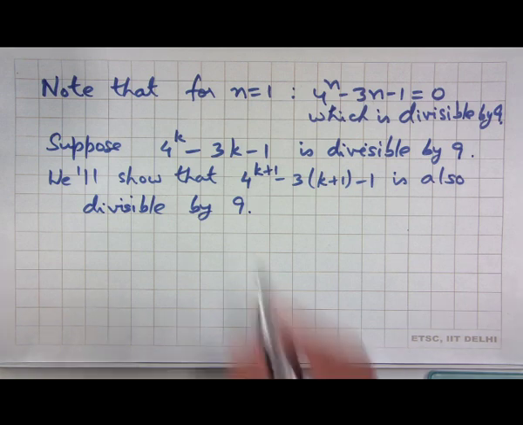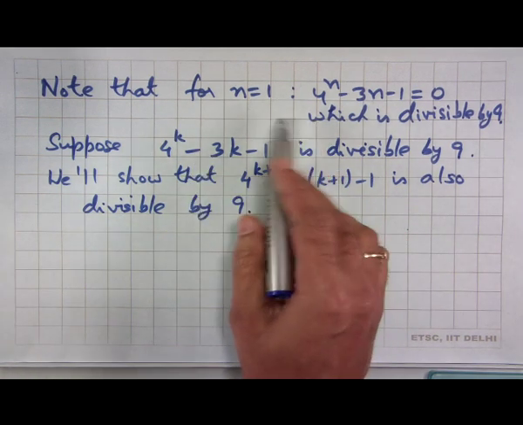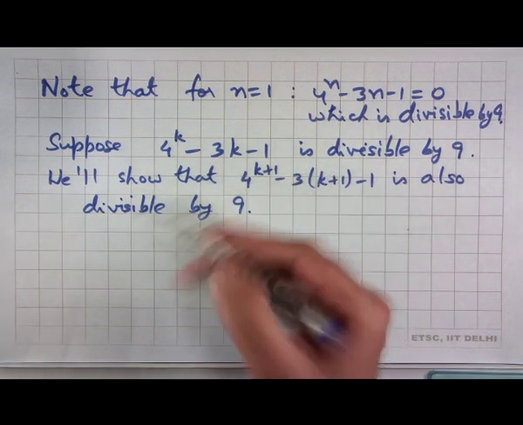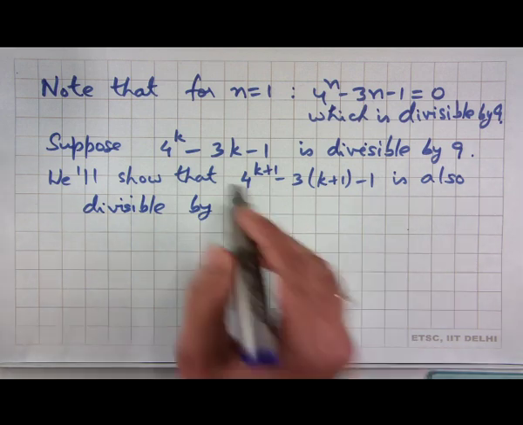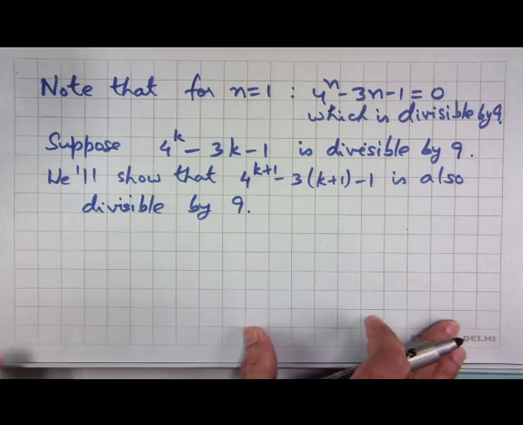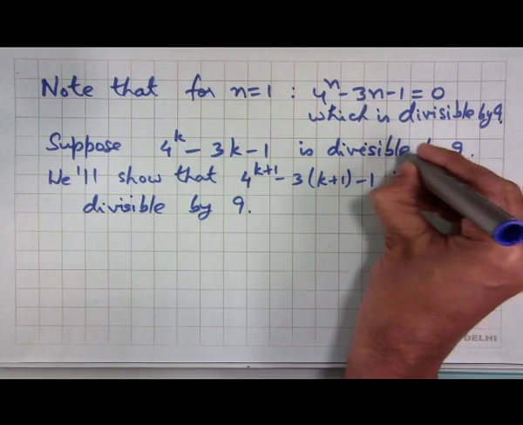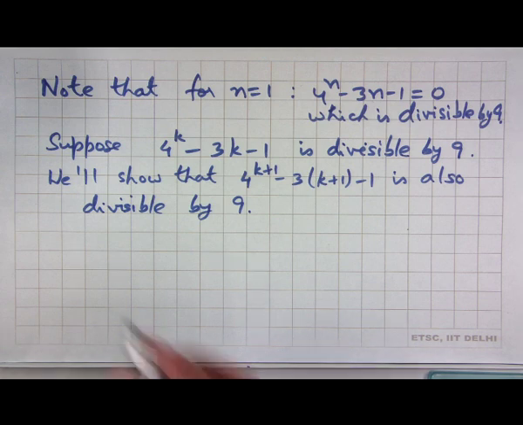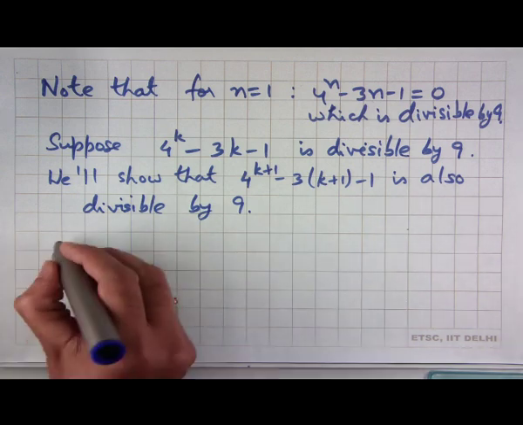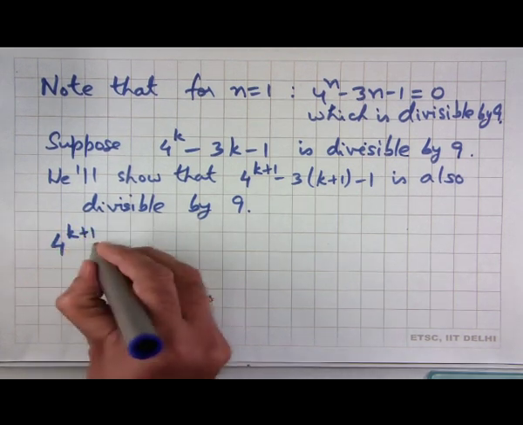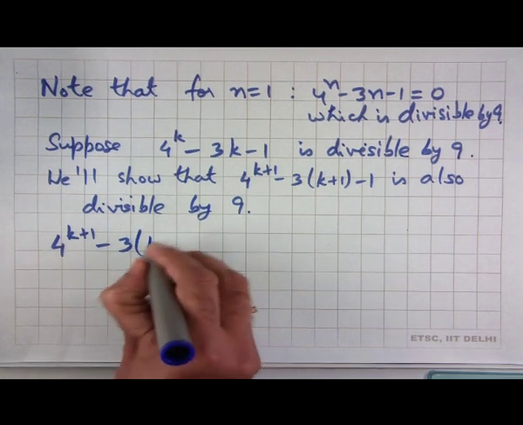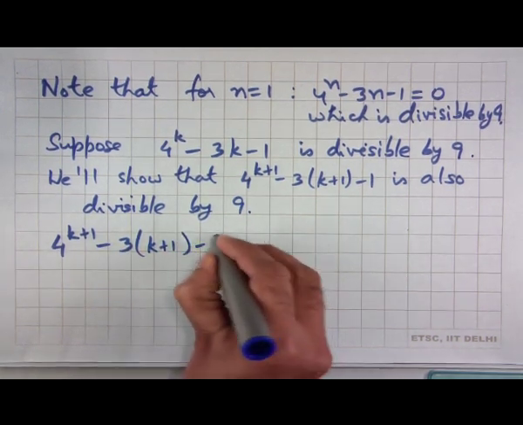So, we know that for n equal to 1 this is true. So, this will imply that it is true for n equal to 2, and then if it is true for n equal to 2, it will be true for n equal to 3. Hence, by induction it will be true for all n. So, why is this? Let us write 4^(k+1) minus 3(k+1) minus 1.